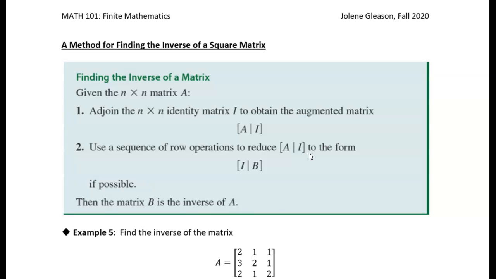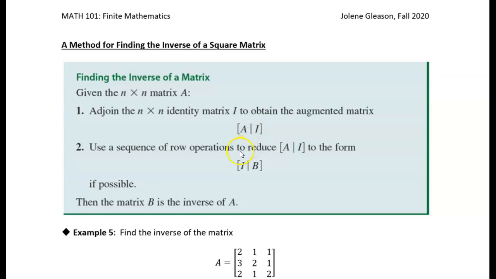All right. So here's how to do it. We're going to take our matrix A that we want to find the inverse of, and we're going to augment the identity matrix of that same size.